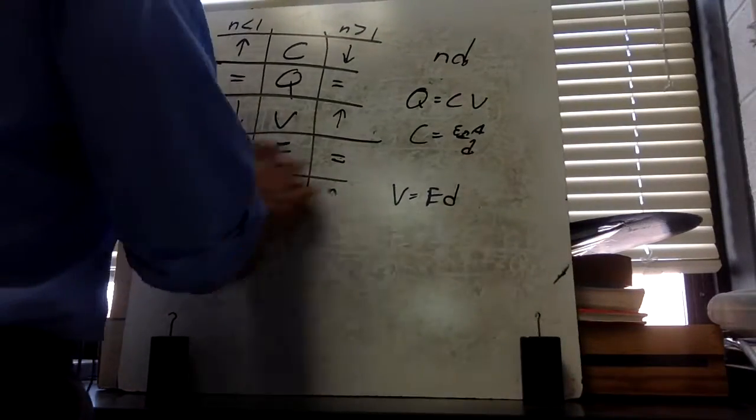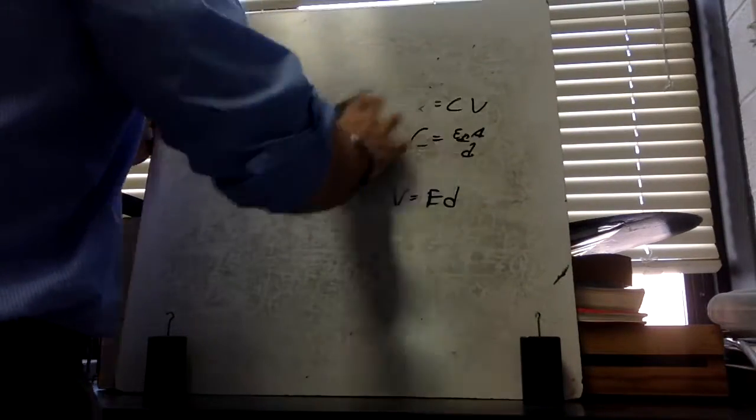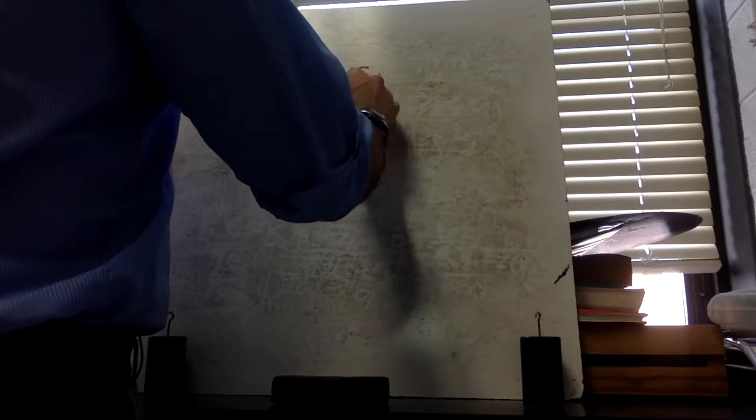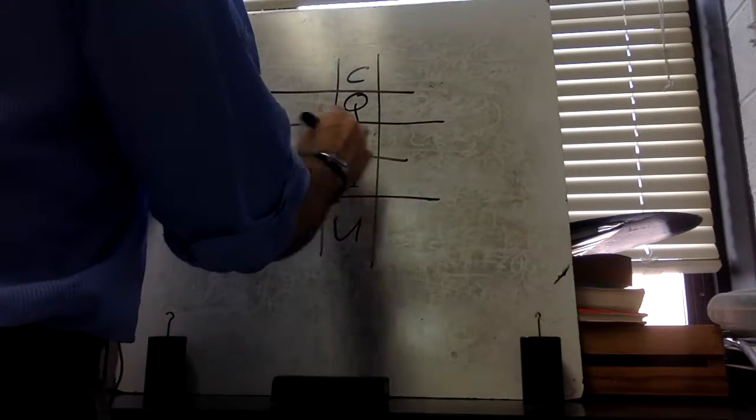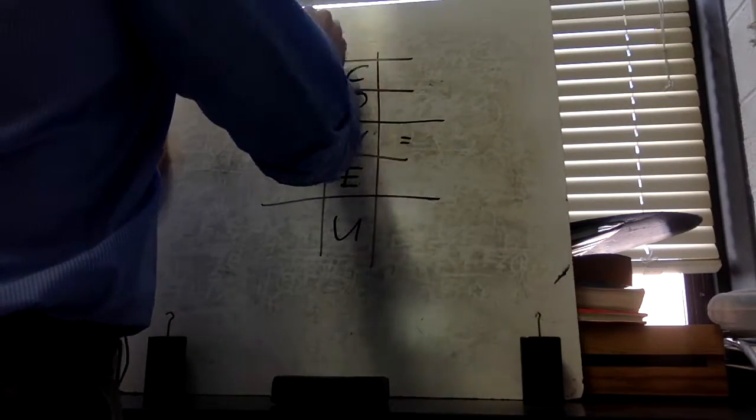Let's take a look now at the other one. So now we're taking a capacitor and we're doing the same thing, except that in this case it remains connected to the voltage source. Since it remains connected to the voltage source, the voltage will be staying the same.